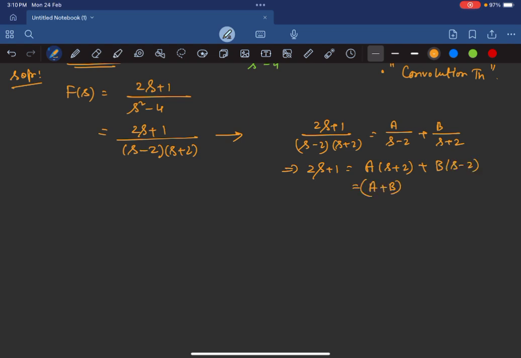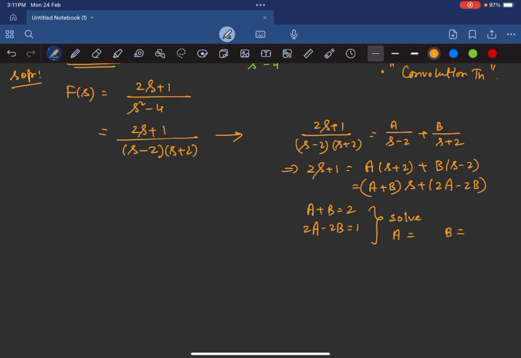If you compare both sides, immediately you get A plus B equals 2, the coefficient of s, and the constant term, 2A minus 2B equals 1. Now find the A and B values.